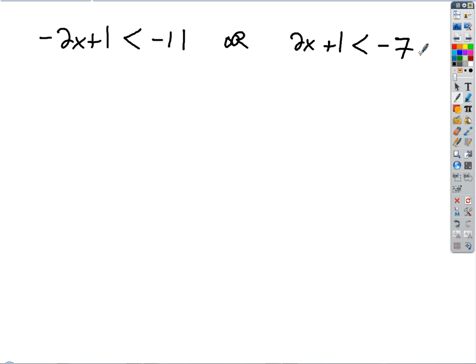So this is also a compound inequality, right? Got two inequalities lumped into one. It's easy to see that there are two this time because I'm writing them separately. This is an OR inequality. Technically we call this one a disjunctive. A disjunctive is an OR inequality, a conjunctive is an AND inequality. But once again, we'll just think of this as an OR inequality. Here's the rule for an OR inequality: we're just going to do each of them separately. It's just like two mini inequality problems.